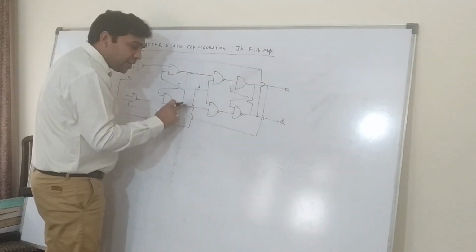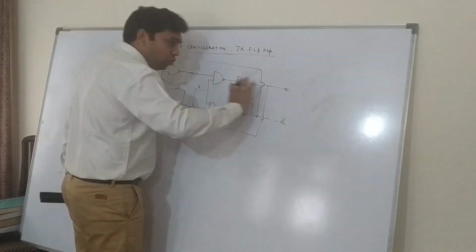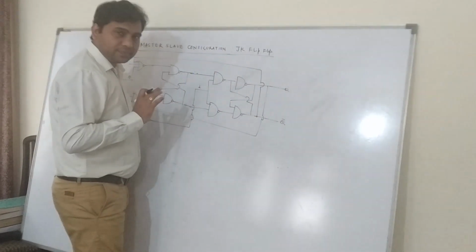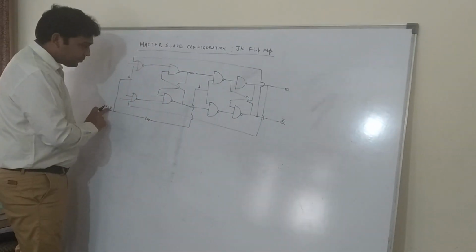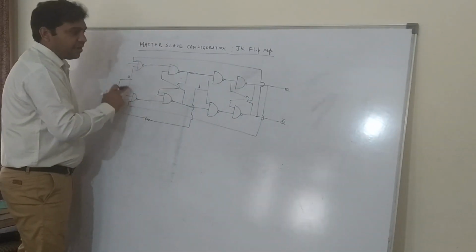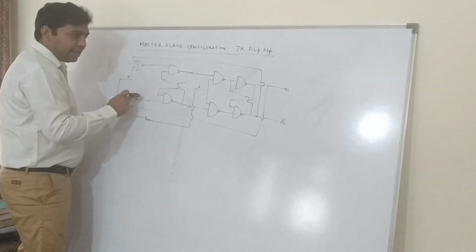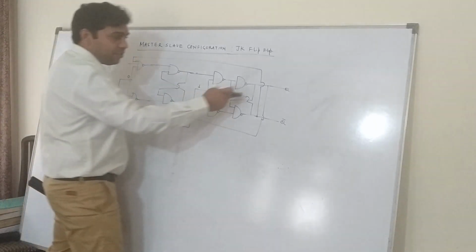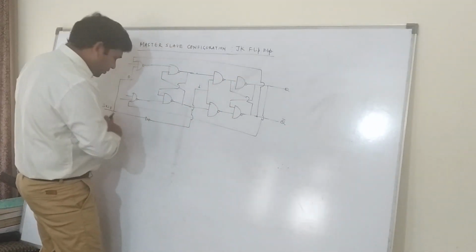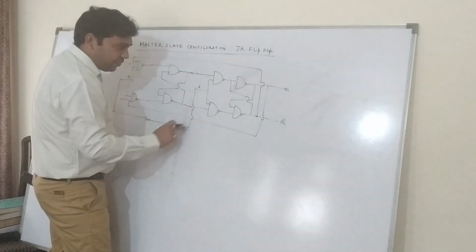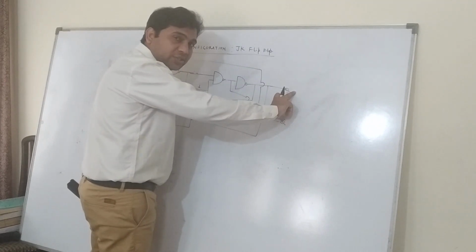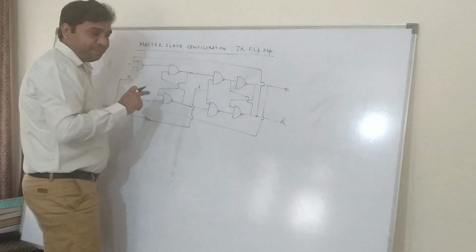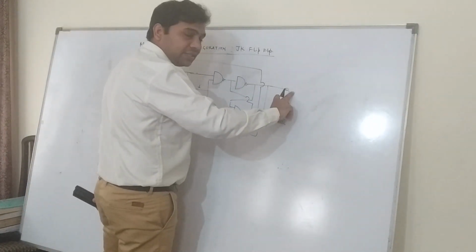If this remains in a memory state, the output will not change. And when the clock is 1, this circuit will behave in an active state, and the slave will be in a memory state, because this will be 0. If this is 0, the output will again become constant. So in both situations, the output will be constant.